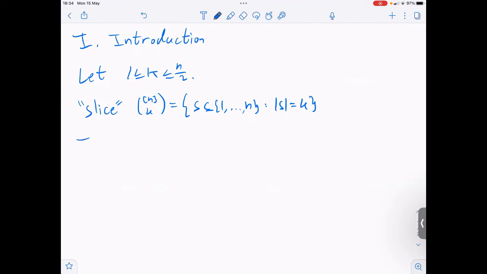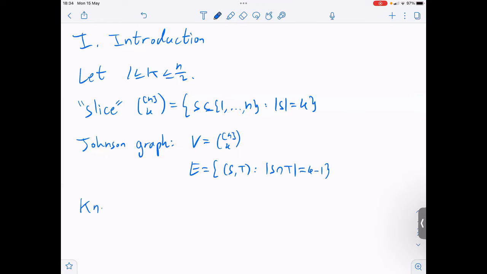So the Johnson graph, the vertex set is, well, the slice. And we connect two sets, S and T, if their intersection has size exactly k minus 1.